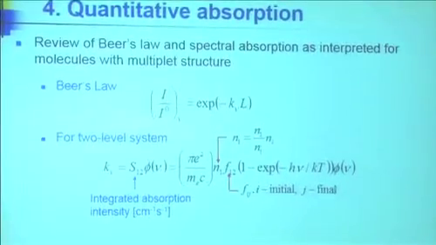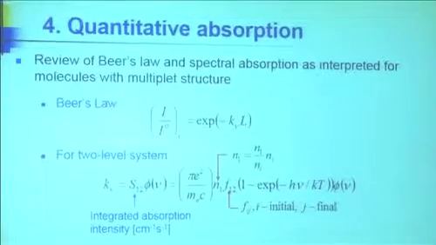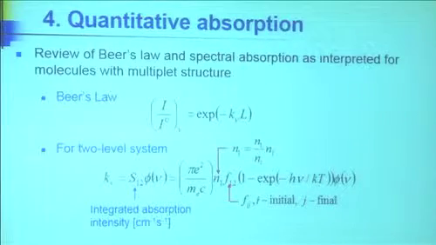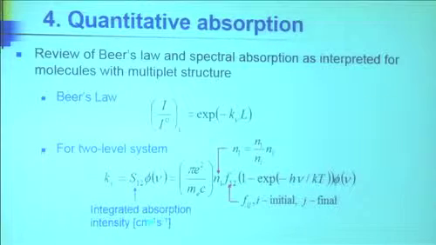What I want to do is bring it back to reality. What do we have to know to do quantitative absorption? Here's Beer's law. What's K? Here's K: the line strength, sometimes called intensity, or integrated absorption intensity. Line strength, that's not the London factor. The 1 to 2 tells me I'm worrying about the transition from 1 to 2.